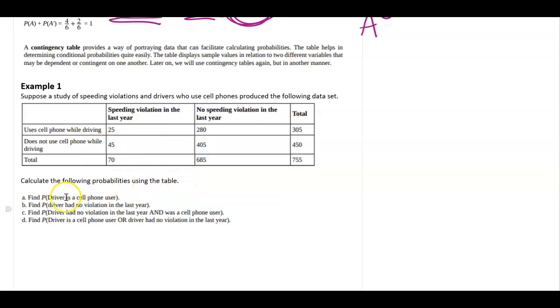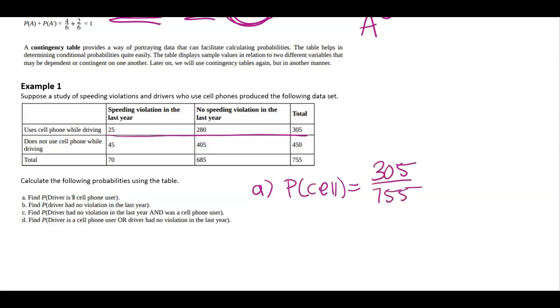So if I want to know the probability a driver is on a cell phone, then I'm going to look at all drivers on their cell phones, and that is 305 out of 755.